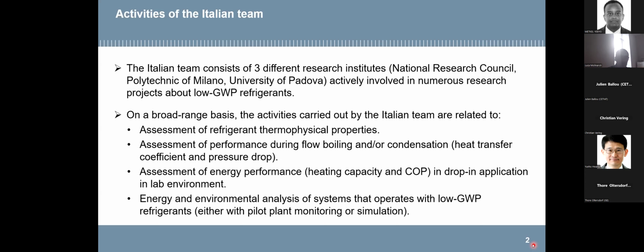We were also involved in the monitoring of pilot plants in which low-GWP refrigerants are used. We are also actively involved in simulation studies, but we don't have time to show you the results.